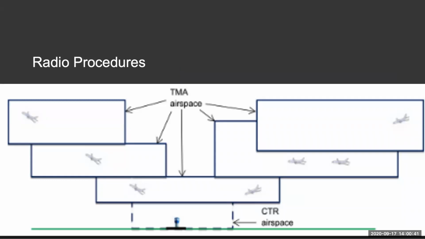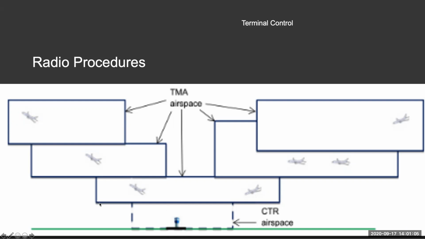Next, okay, we went from a tower all the way down to an uncontrolled advisory service. Now we're heading back up to terminal control. All right, terminal control is controlled airspace that is not around an airport. If you look at the picture here, you'll see my cursor moving. There's a little tiny cab or control tower down here around the airport.